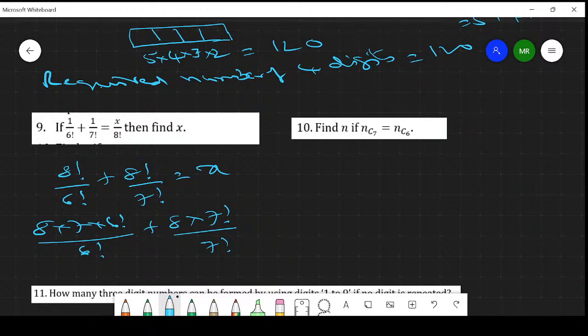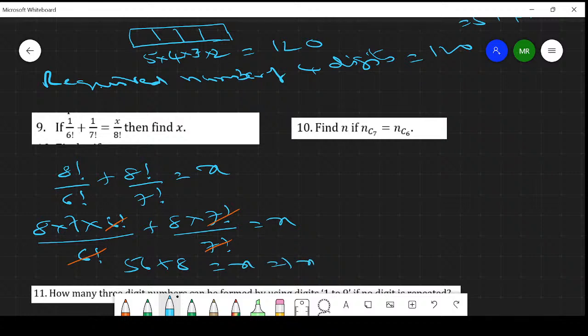Now you can see in the denominator we have 6 factorial, so this will get cancelled, and 7 factorial also. So the right side, which is equal to x, we have 8 into 7, which is 56, plus 8, equal to x.